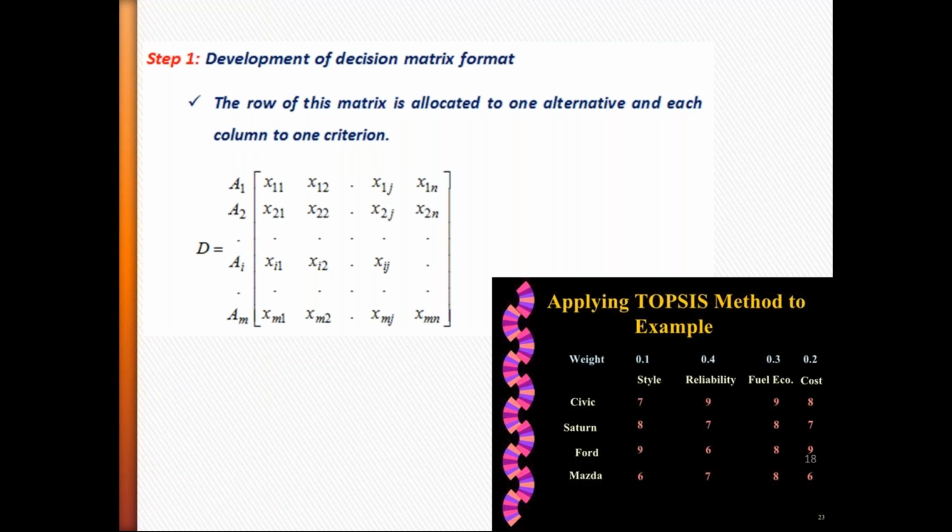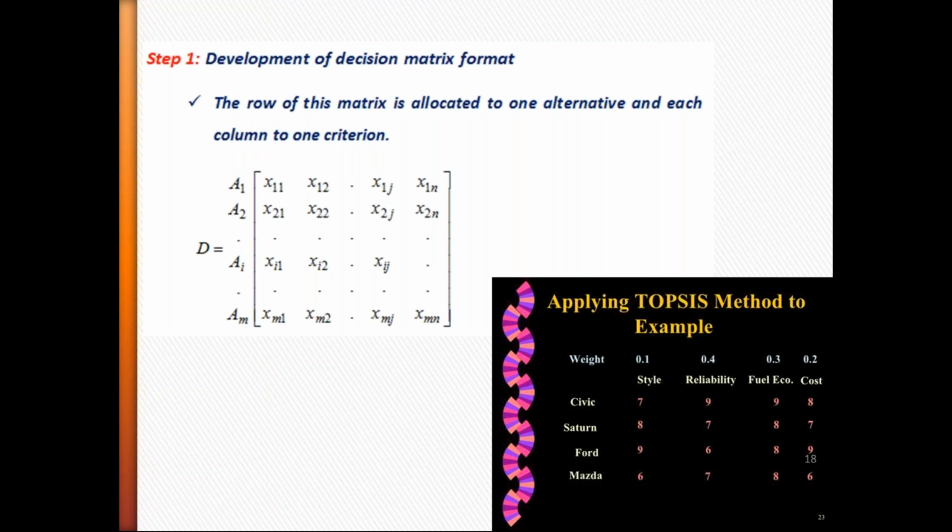What is the value of criteria Cj? That is xij. If you want to normalize this value, what will be the corresponding normalized value? That is rij. So rij is the normalized value corresponding to xij.